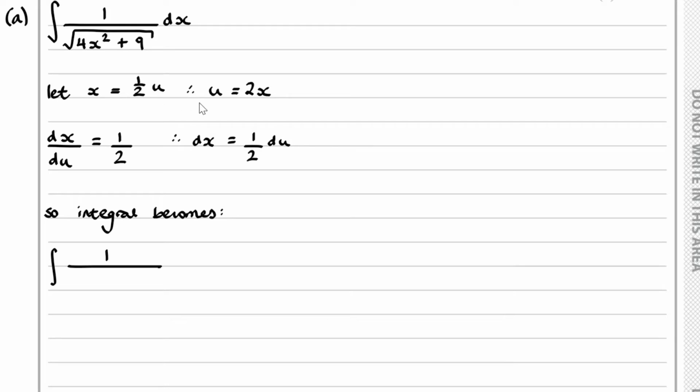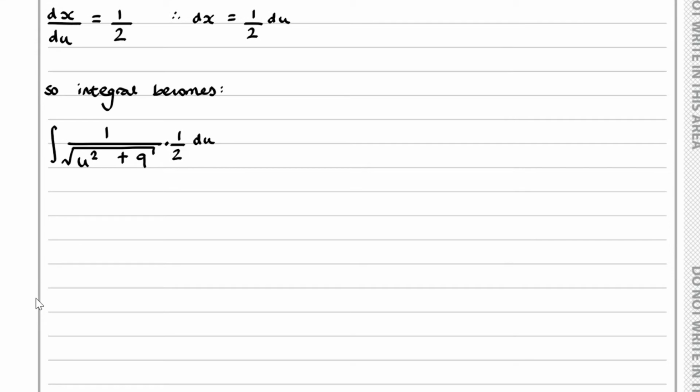And notice if we square u, we'll get 4x squared. So here we'd end up with u squared. And then we still have this plus 9. And then we square root. And then dx, that's 1/2 du. So we multiply by 1/2 du.